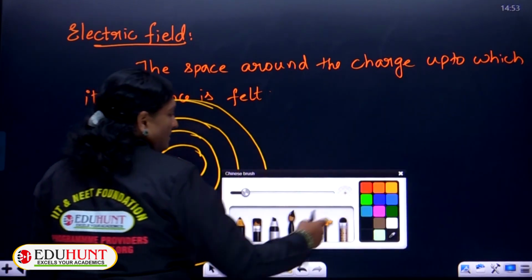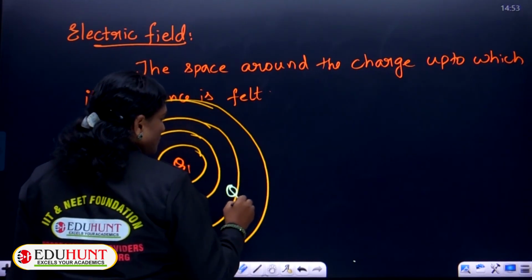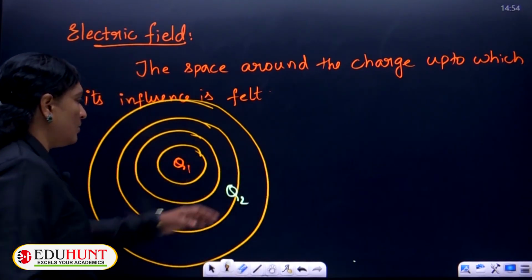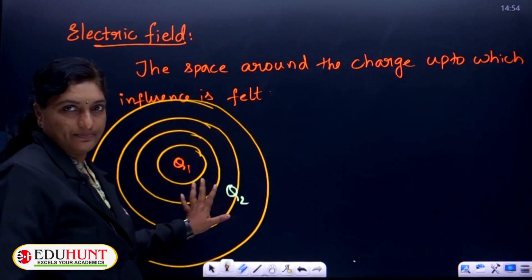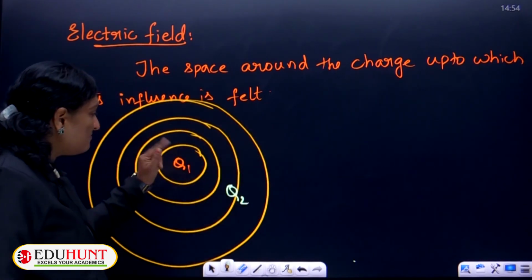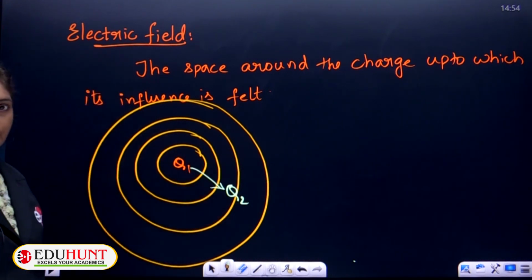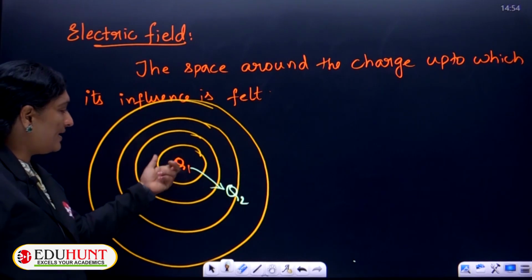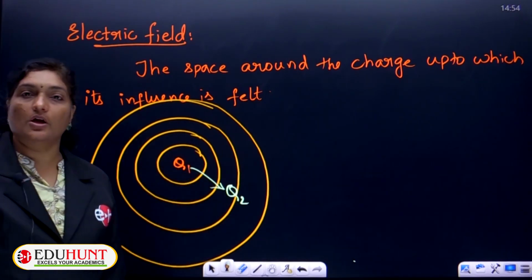Suppose you bring one more charge, say Q2, into this field. Then Q1 will exert some force on Q2.